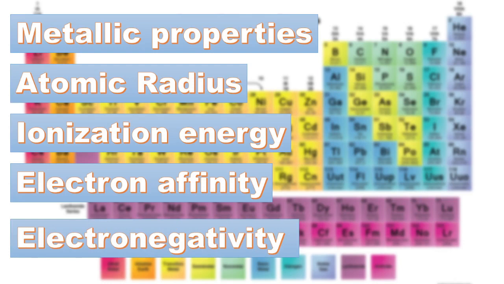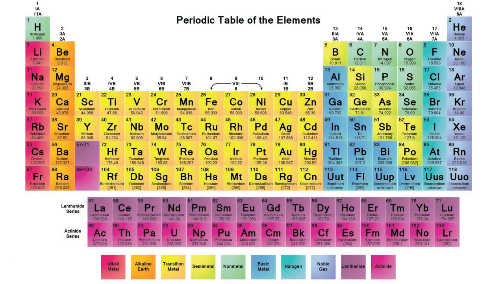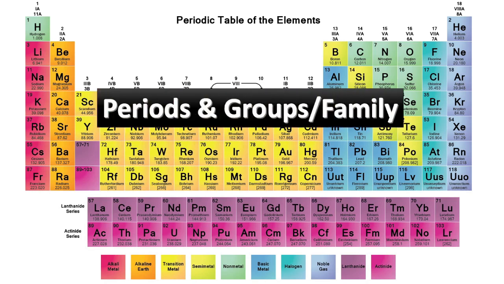Okay, before I discuss the trends, I will add some information regarding the periodic table. The periodic table has 2 parts, the periods and the groups or family. The period is the group of elements that are placed in horizontal arrangement in the periodic table.